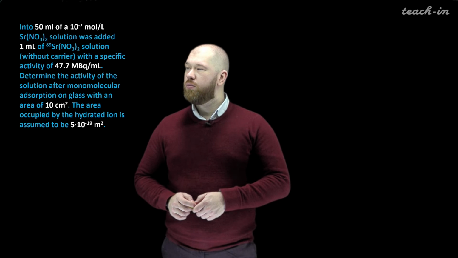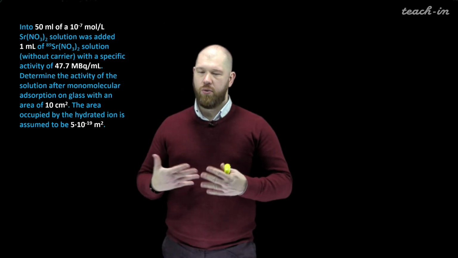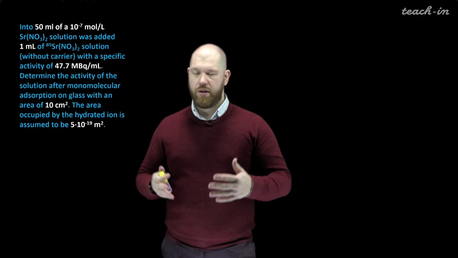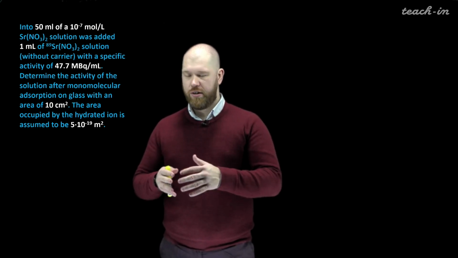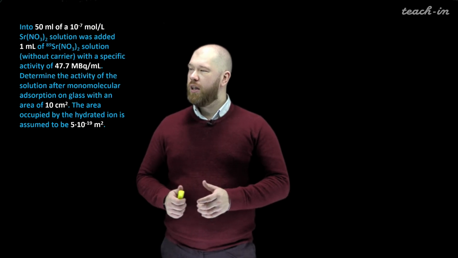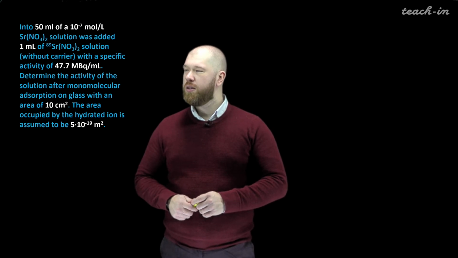And we should determine the activity of the solution after the adsorption of the cations of strontium on the glass, so it's just the walls of our glass, and the area of these walls is around 10 squared centimeters.